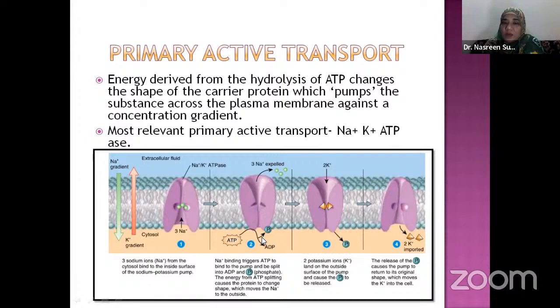Okay, it will be attached to the channel and this will make the channel change its shape. So in this way ATP is utilized and Na plus K plus ATPase is working to maintain the concentration of sodium and potassium in the cell by utilizing the primary active transport system.